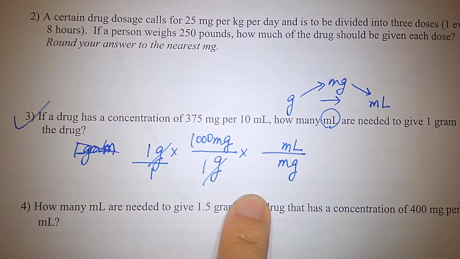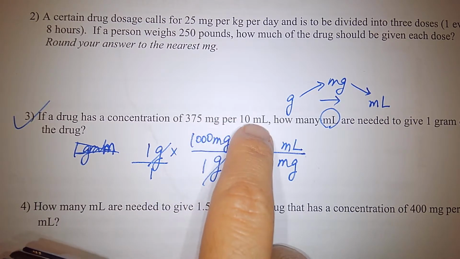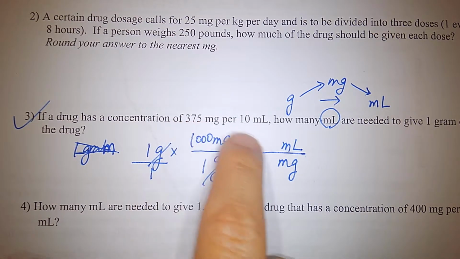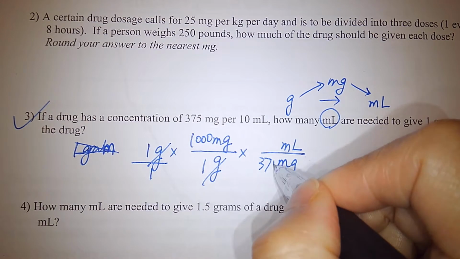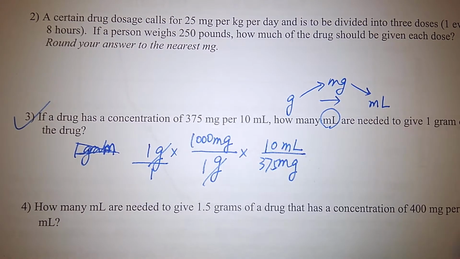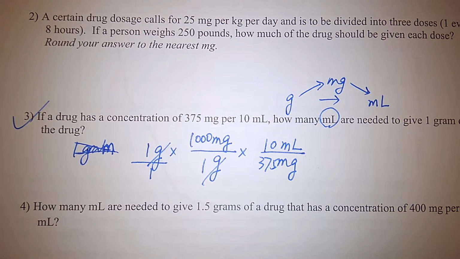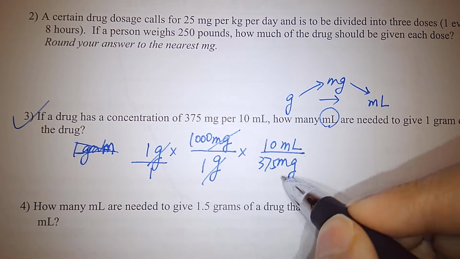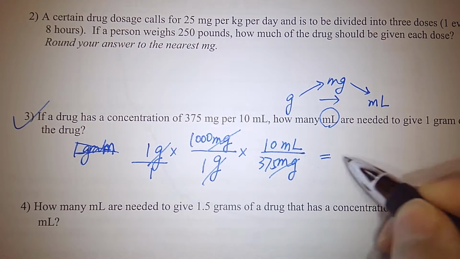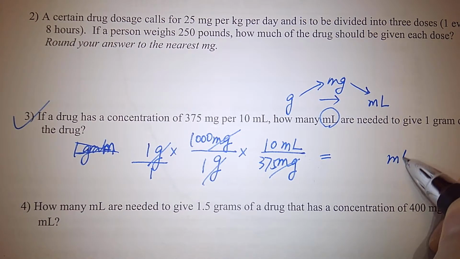And then the relation between mg and ml is 375 mg per 10 ml. Now the mg cancelled, we will only have ml.